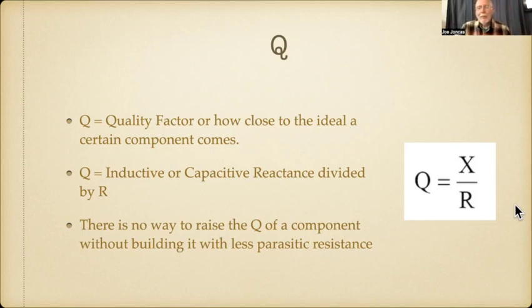So here's my question. In order to get a better Q, I'm confused because the Q would seem to be a constant based on this component here. It's going to have a constant Q. Correct. And there's nothing I can do to this to improve it.